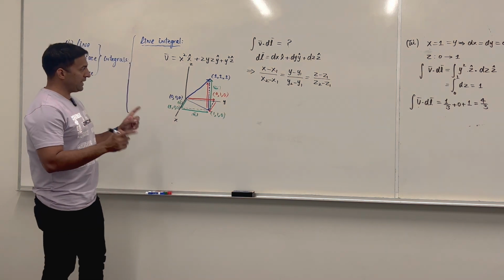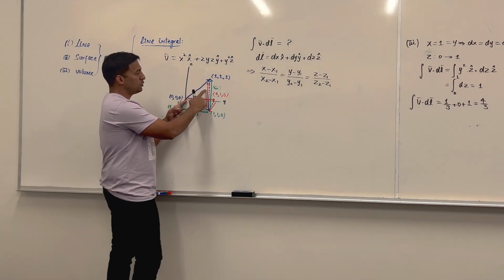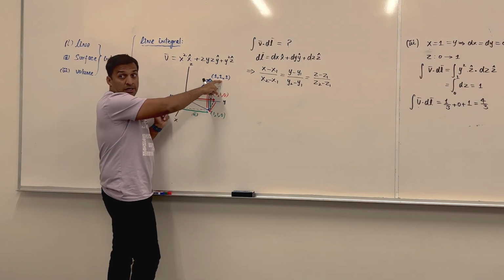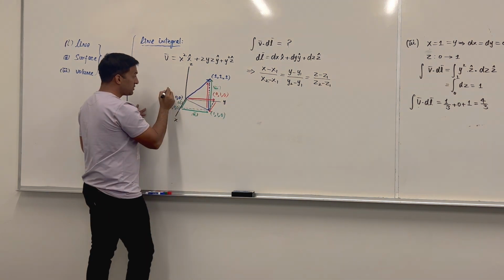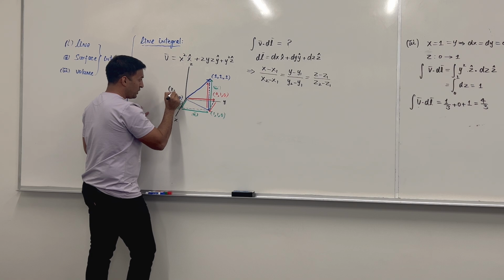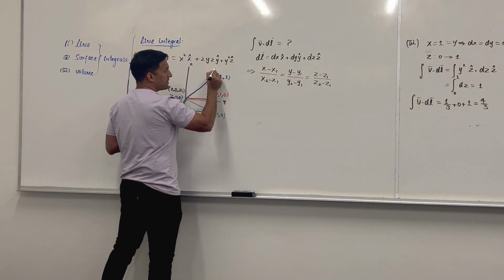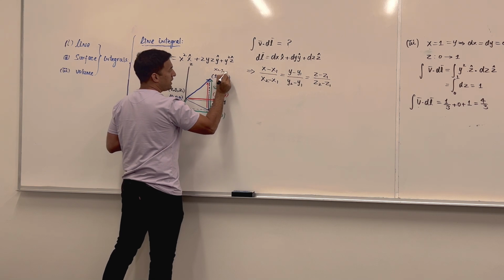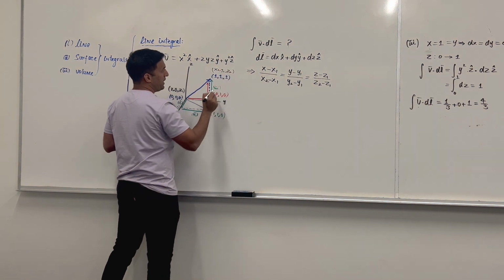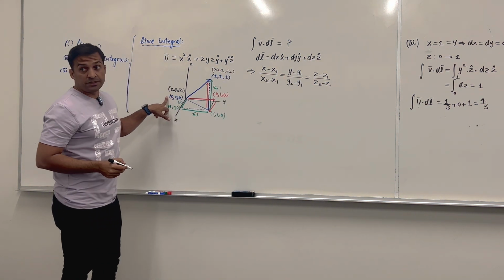Okay, so your line, this blue line, passes through 2 points, (0, 0, 0) and (1, 1, 1). So these coordinates are called x1, y1, z1, and these coordinates are called x2, y2 and z2. So we substitute the values of these coordinates.